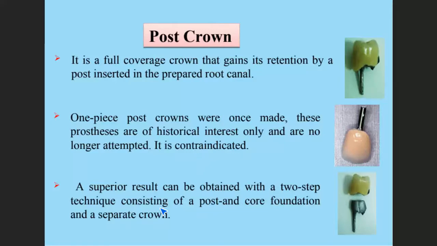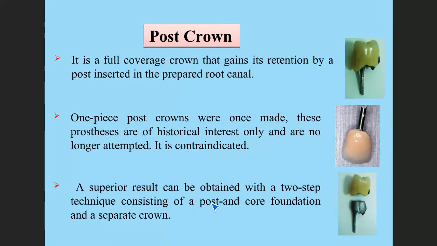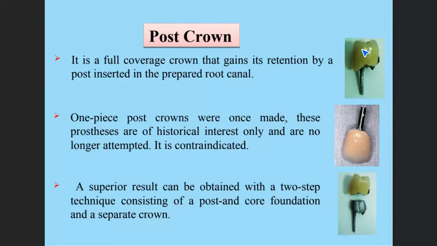Meaning that we first make the post and core foundation, then we prepare the crown, which is better than making a post crown with the post and the crown cemented as one piece.